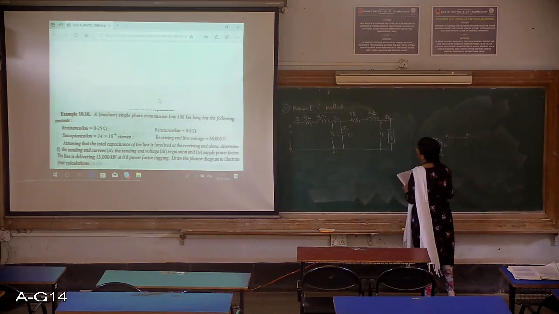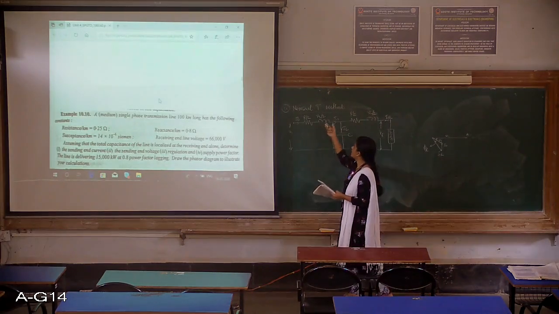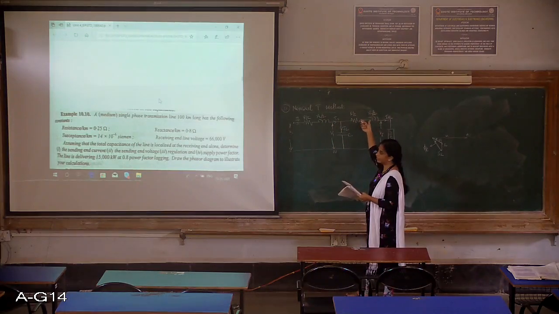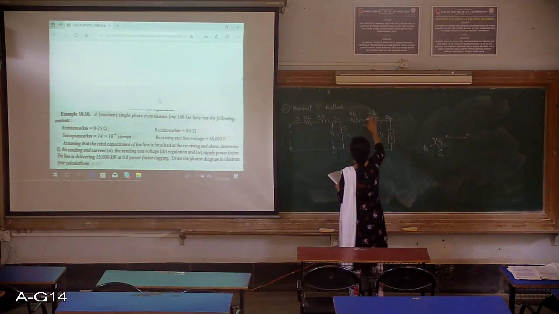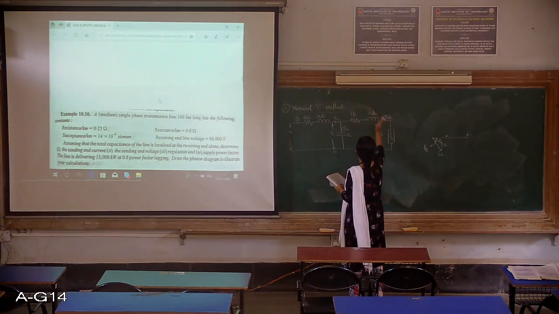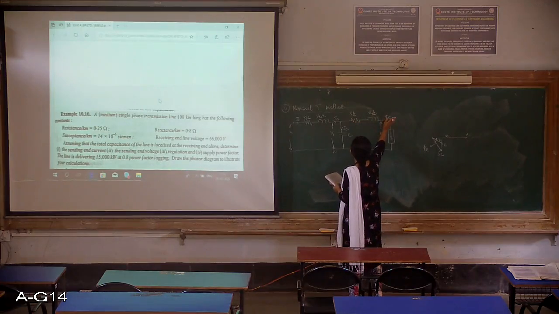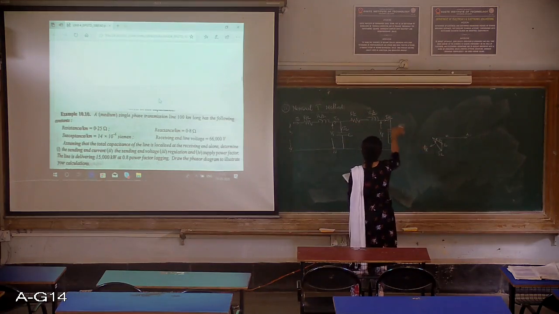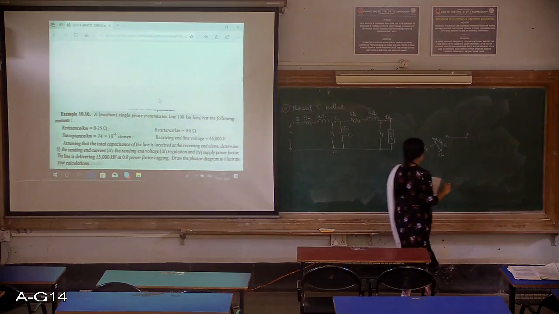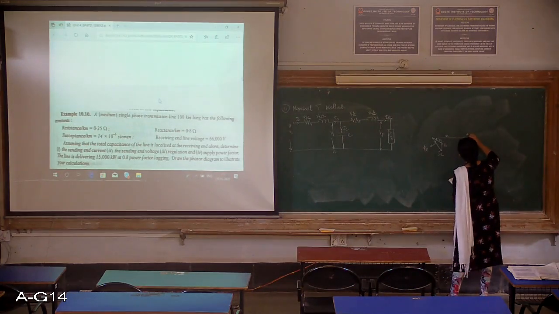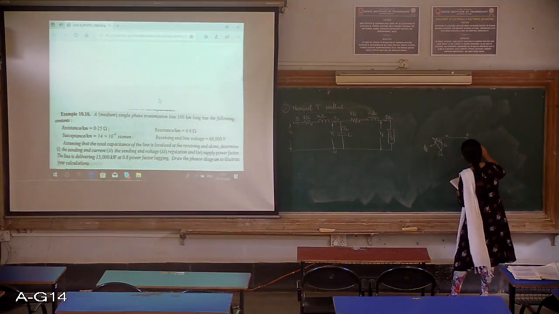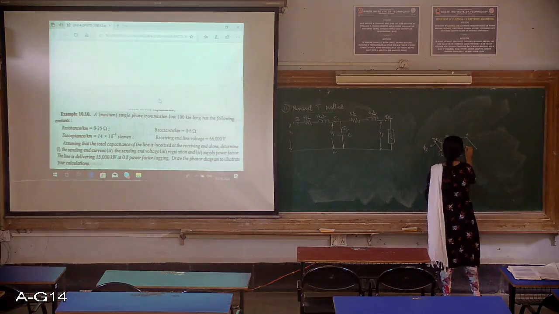Now I have to represent the drops here. I take R by 2 here, and here also R by 2, XL by 2. First we start with this part. In parallel with the IR I have drawn, I represent IR into R by 2.